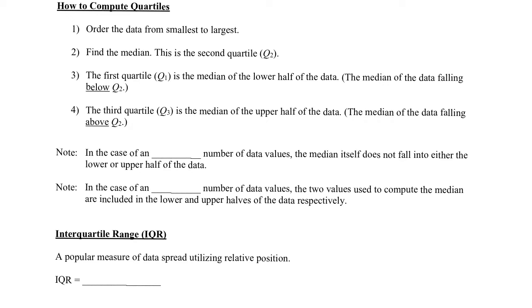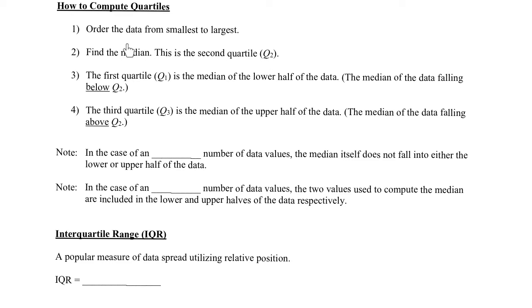How to compute quartiles. Well, there's a number of steps here. I can tell you that if you never looked at these steps, just based on what I told you about medians, you'd probably be able to do it. But basically, to compute these, you order the data from smallest to largest, right? We have to do that to find the median. We find the median. Remember, that's the second quartile. You can call it second quartile or median.